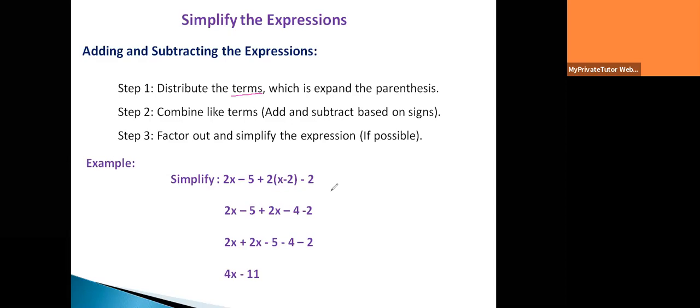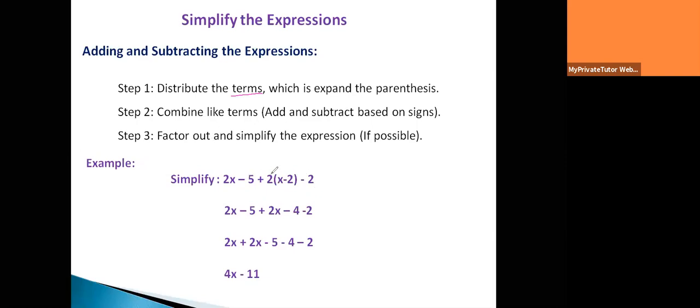And finally, simplify the expression, only if possible. Most of the time it's not, but you need to check whether the expression can be simplified. If yes, take the common term out, then simplify. This is an example I have given.